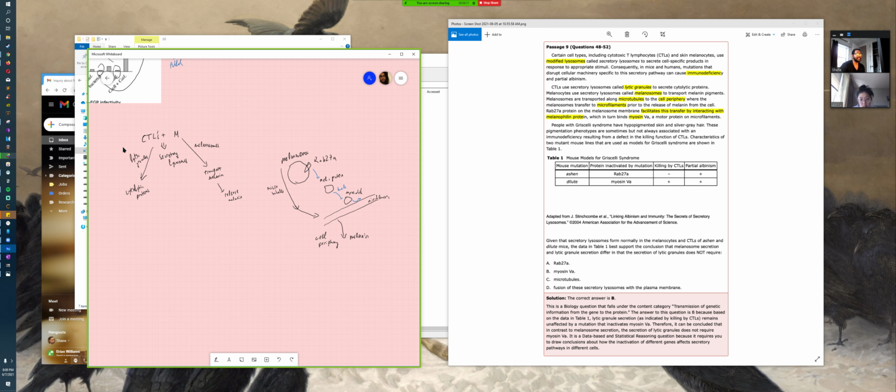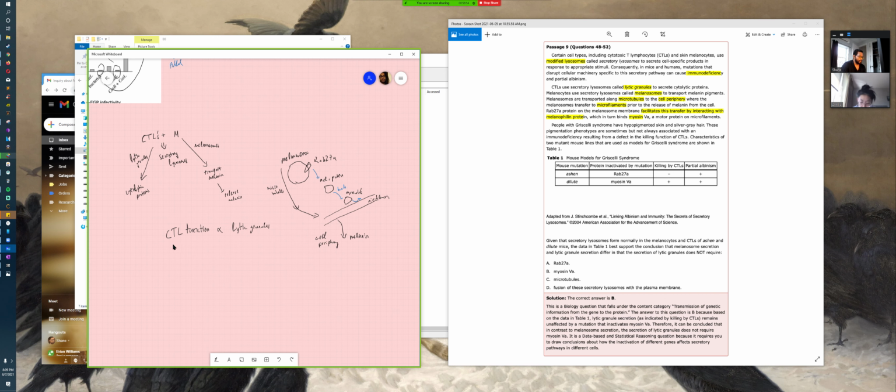Think about CTL function as proportional to its lytic granules. If you can equate the two, then when RAB 27A is inactivated, the CTL function is inactivated.